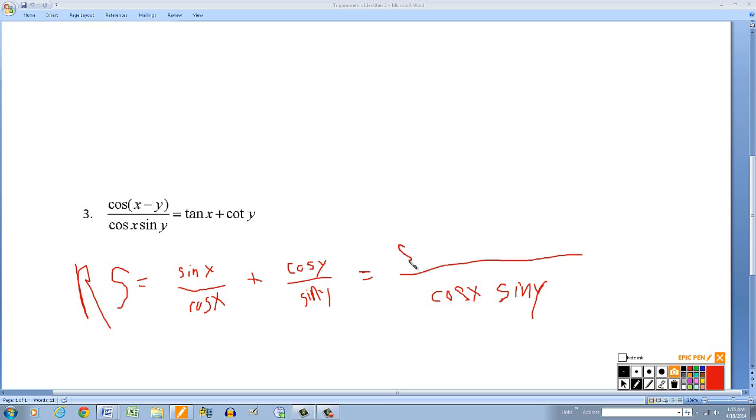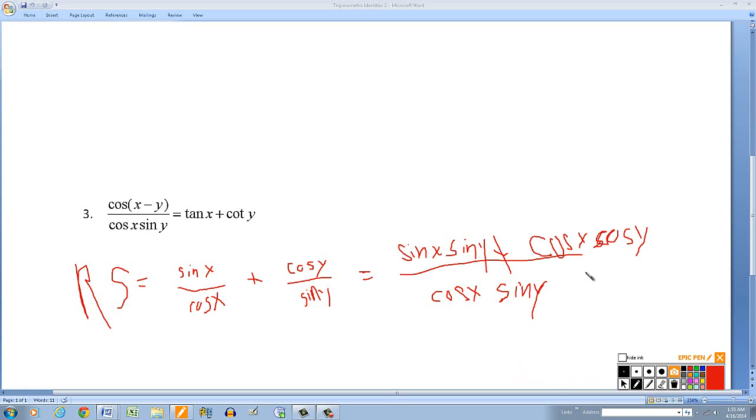So this will be sine of x times sine of y plus, and then these two get multiplied, so that'll give me cosine of x, cosine of y.